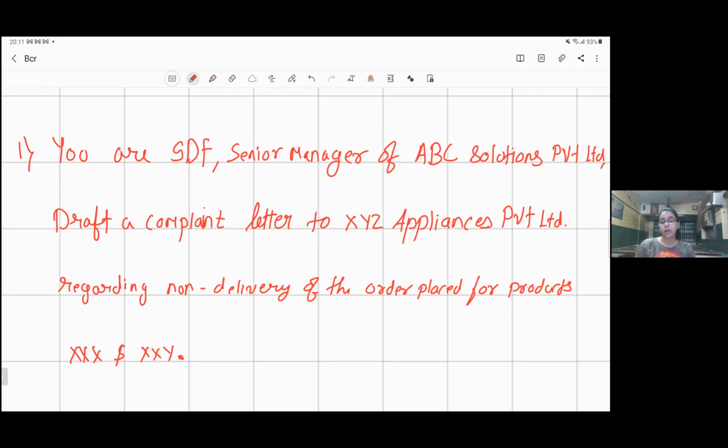Now everything you all are writing in block format. I have just given you a question. I'm dictating you the letter, but you all are writing it in a block format. It is a complaint letter. It is not a sales promotional letter. It is a complaint letter. So you all will write in block format.